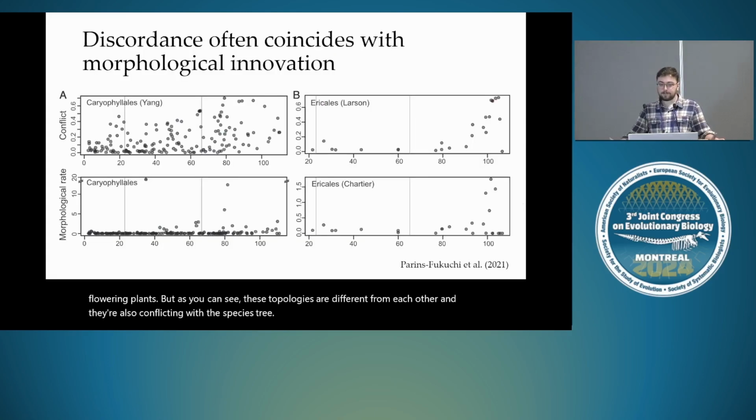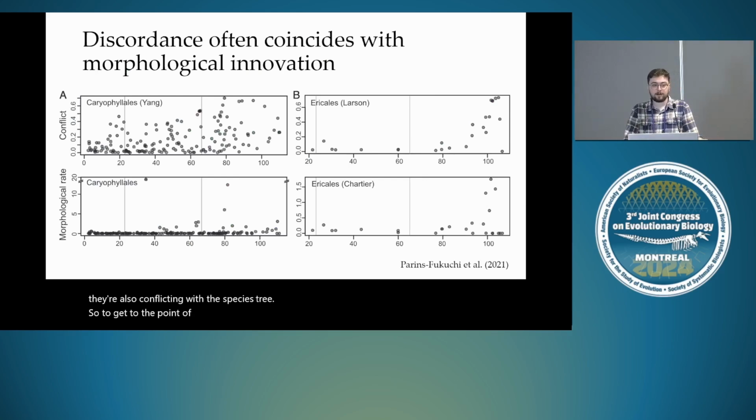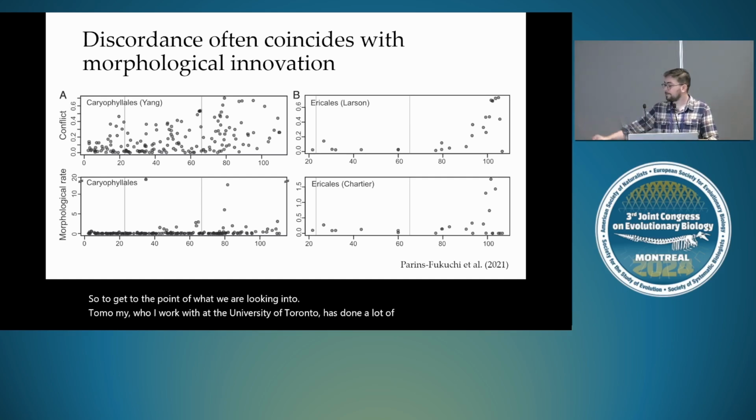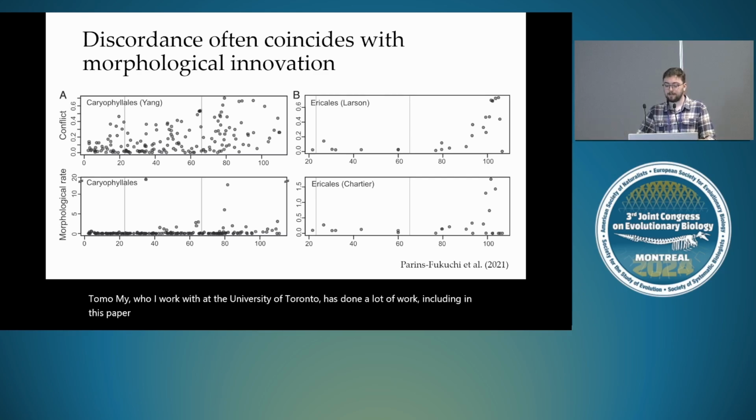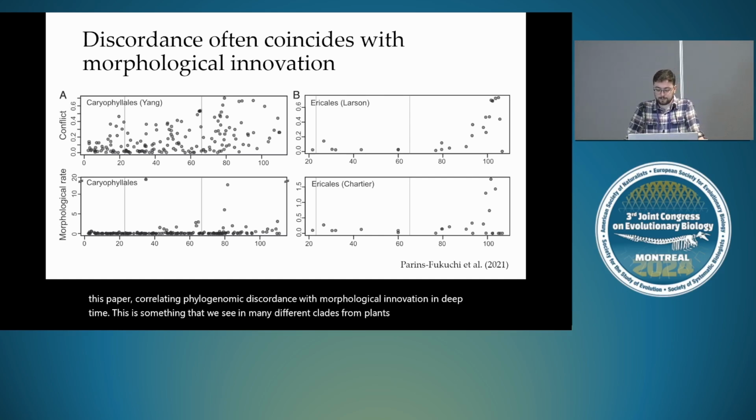So to get to the point of what we are looking into, Tomo, who I work with at the University of Toronto, has done a lot of work, including in this paper, correlating phylogenomic discordance with morphological innovation in deep time. This is something that we see in many different clades, from plants to animals.